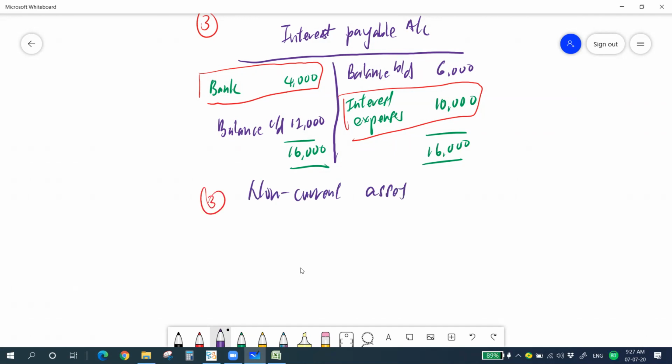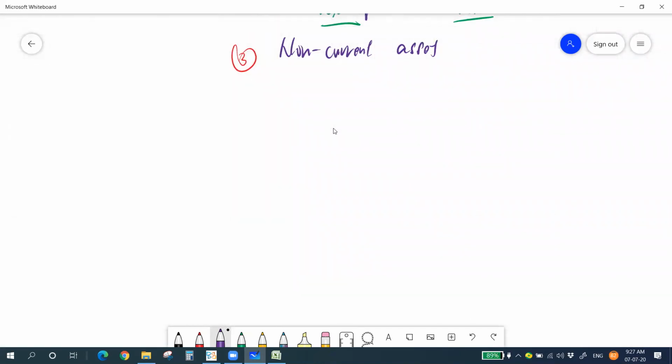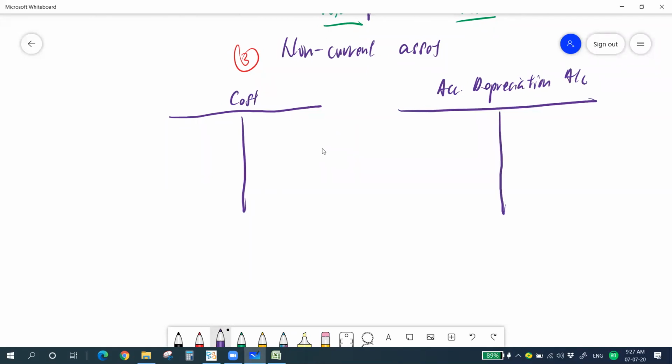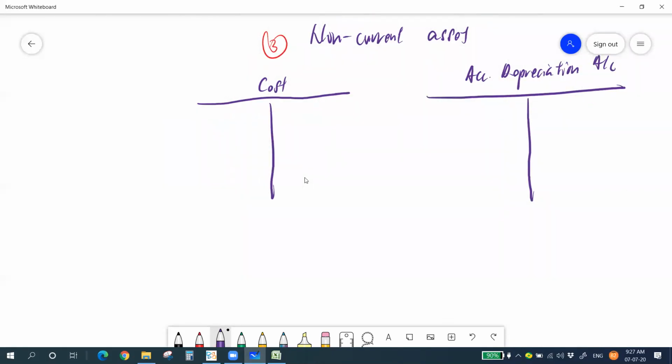And for this non-current asset, we will have cost account. We will have accumulated depreciation account. Right? We have two accounts. One is cost, one is accumulated depreciation.